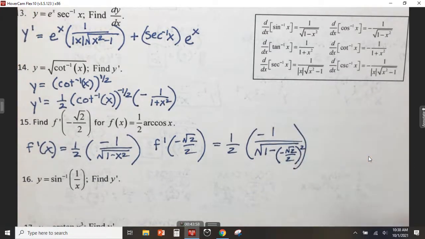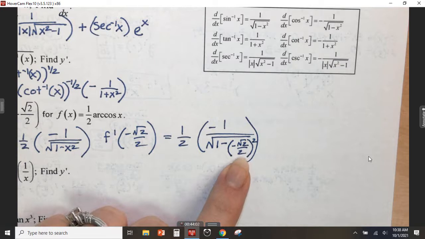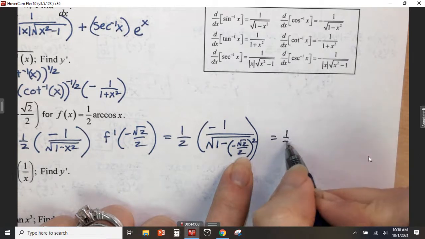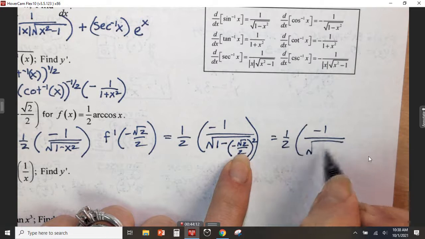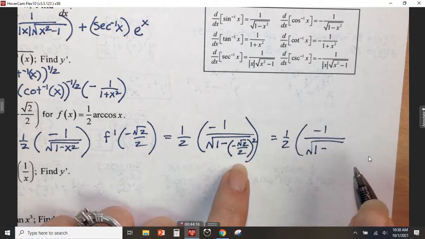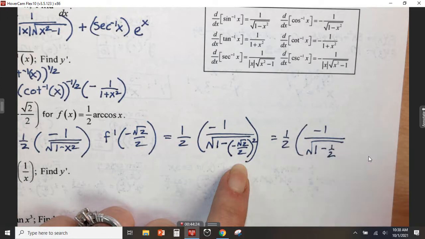Okay, let's see if we can do some arithmetic now. When you square a fraction, you square the top and the bottom. So this is going to equal 1/2 times negative 1 over the square root of 1 minus 2 over 4, which is going to simplify to 1/2.